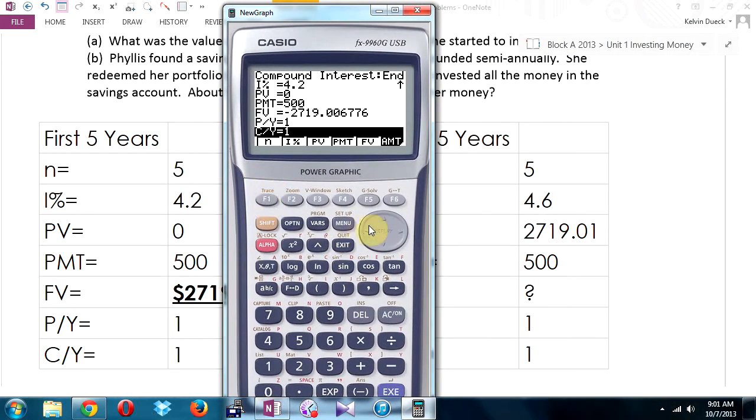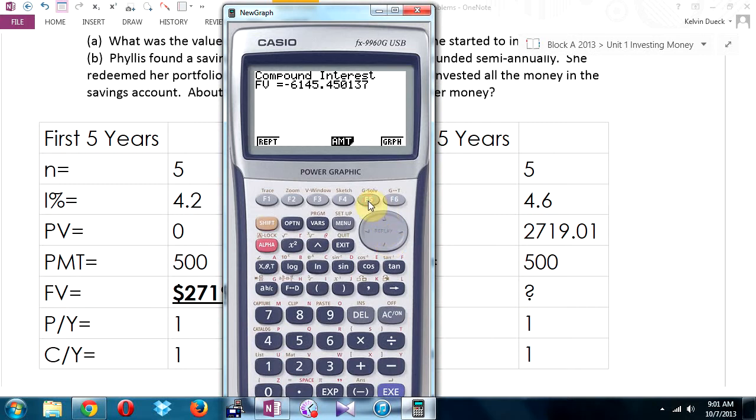F1 is repeat, right? 5 years, 4.6, $2,719.01. Payment is $500. Put a temporary 0 there. 1, 1. And I want final value again.